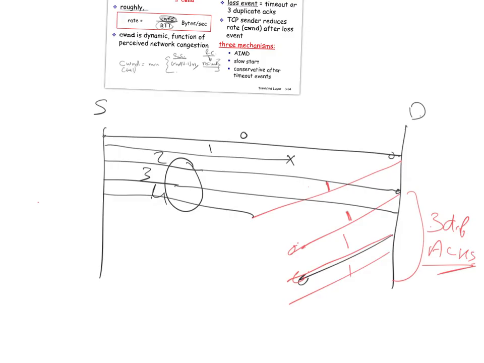Whereas the timeout happens when I don't receive these duplicate acks, which indicates what? That packet 1 and 2 and 3 and 4 did not arrive on time to the receiver. They might also be delayed, right?